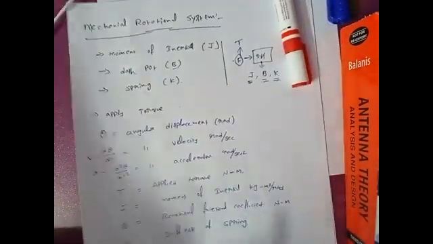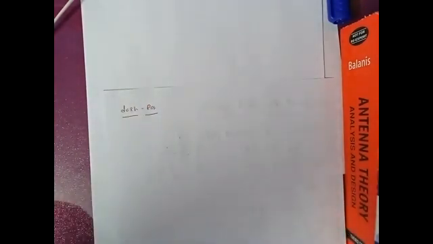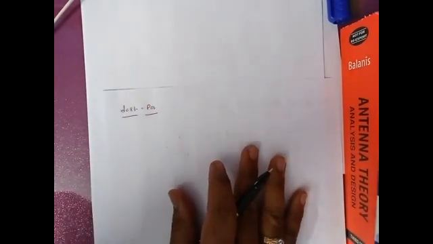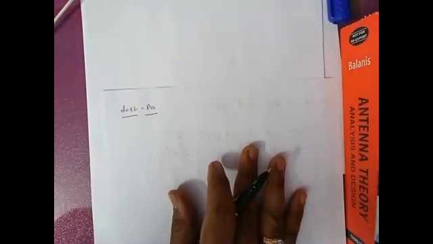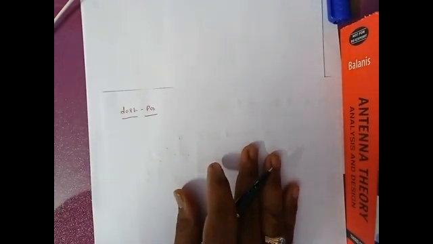Now we'll see the second one. What is the second one? The second one is the dashpot. The dashpot is used to represent the friction of the system. While we are discussing the dashpot, the mass and elasticity of the system are negligible parameters.